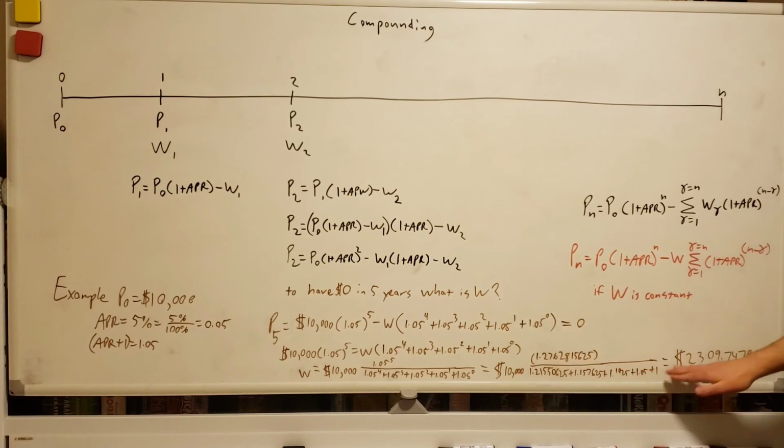Sticking it all into a calculator, I end up with $2,309.75. That's how much I'm going to have to pay every year for a loan, or how much I would be able to withdraw from an investment that was yielding 5% per year. This is how much I would get per year.